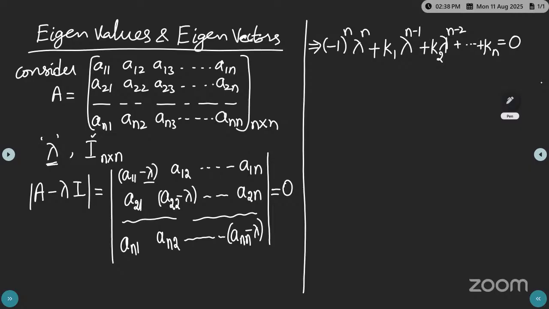Now this equation is known as the characteristic equation, which is a polynomial of degree n. And k1, k2, so on, kn are constants.